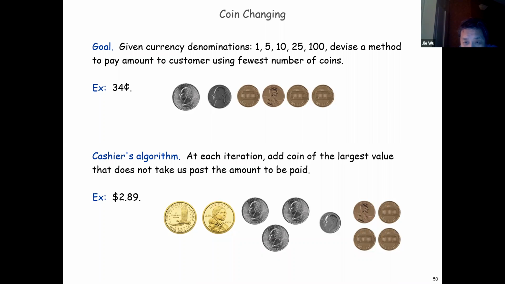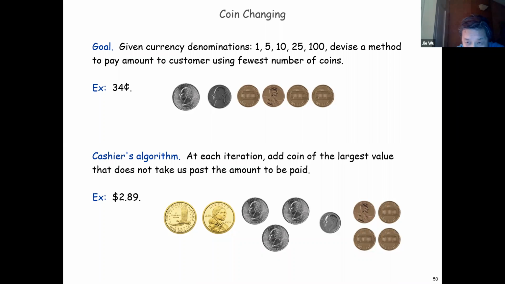So if you return 56 cents, you just keep on adding. You add 1 quarter, 25, another quarter, 50. Then you add the nickel, 55, then you add 1 penny, it's 56. So the cashier does not need to worry about whether they pay you with a minimum number of coins, because it's guaranteed to be optimal.